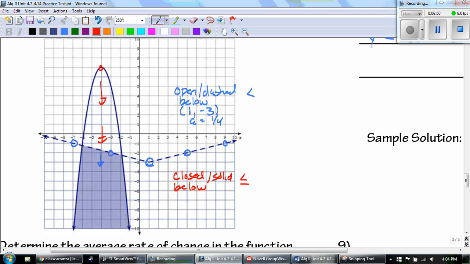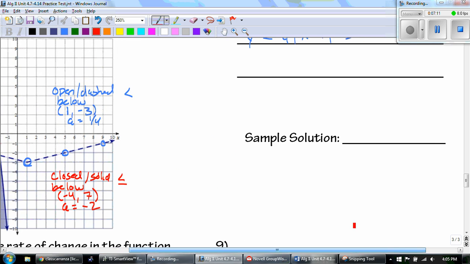My vertex is at the point -4, 7, and my pattern is a -2. So a equals -2. So as I come over here to write this, we get that y is less than or equal to -2 times (x plus 4) squared plus 7.